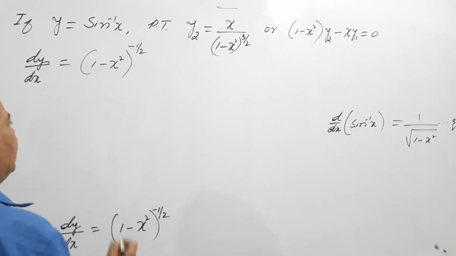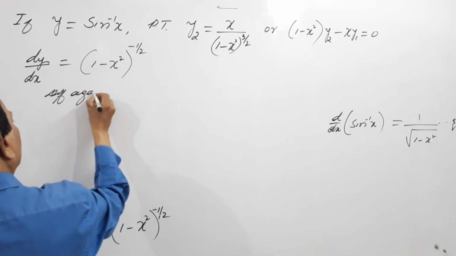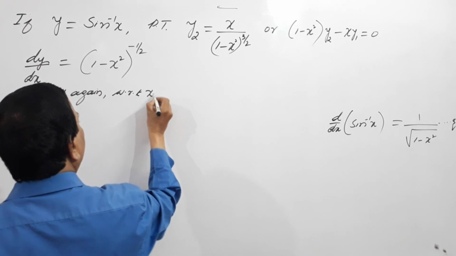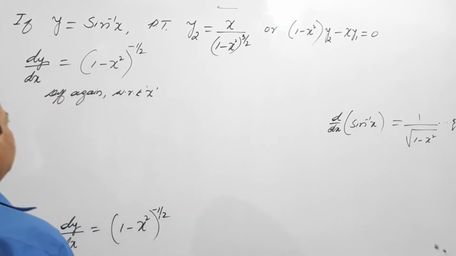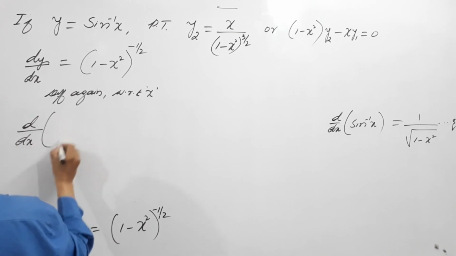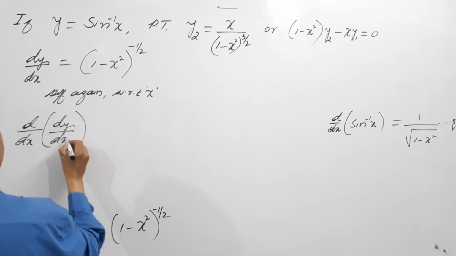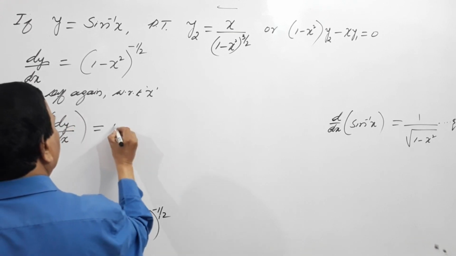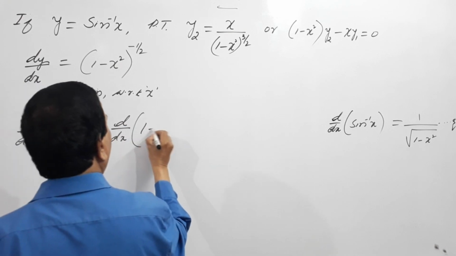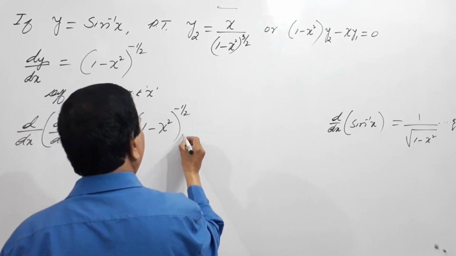Now differentiating again with respect to x. What happens here? That is d by dx of dy by dx equals d by dx of 1 minus x square to the power of minus half.